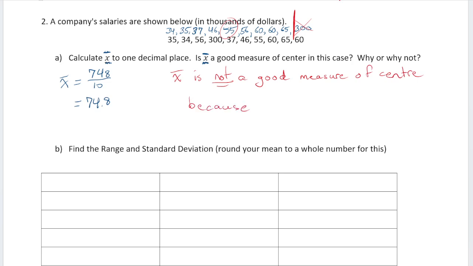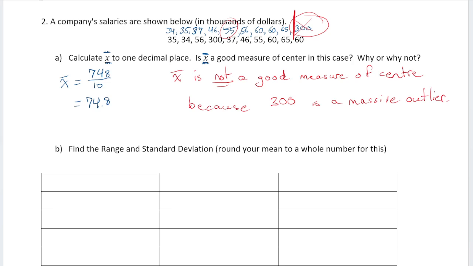Because if you remember in class, 300 is a massive outlier. An outlier is just anything that's way, way different than all the other data. And you'll see here, it takes our mean, which would probably be somewhere in the 55 range, and drags it way over, past almost all of the data we have except the outlier.